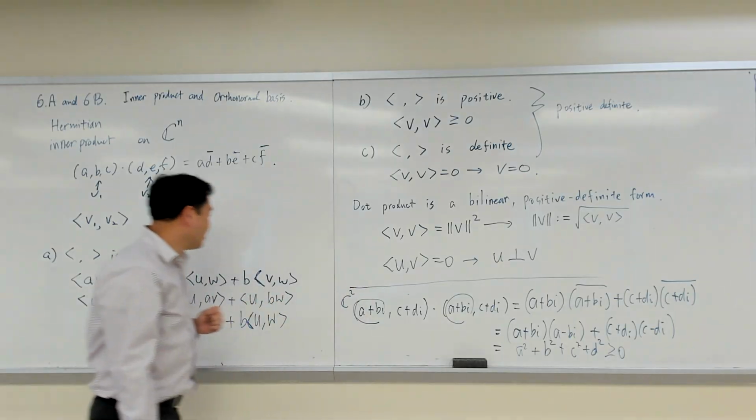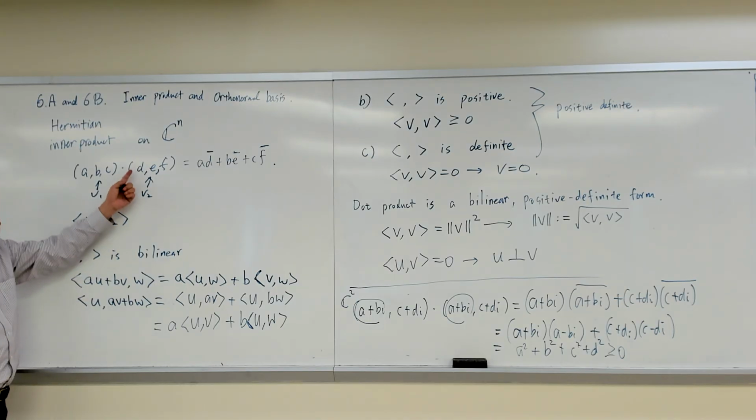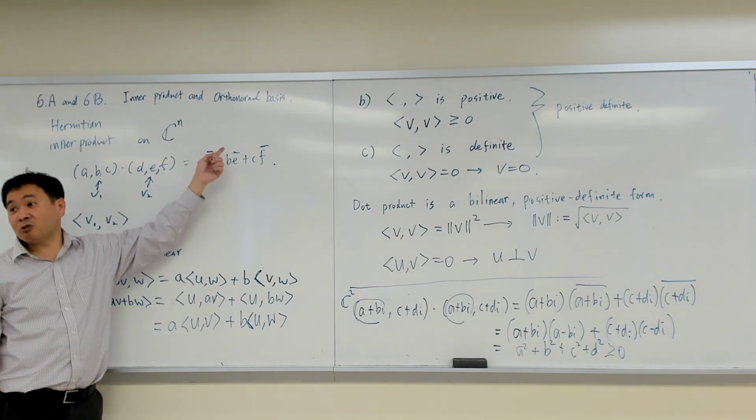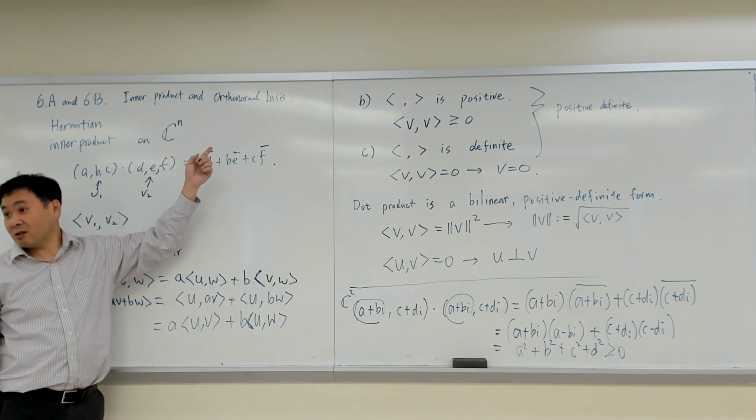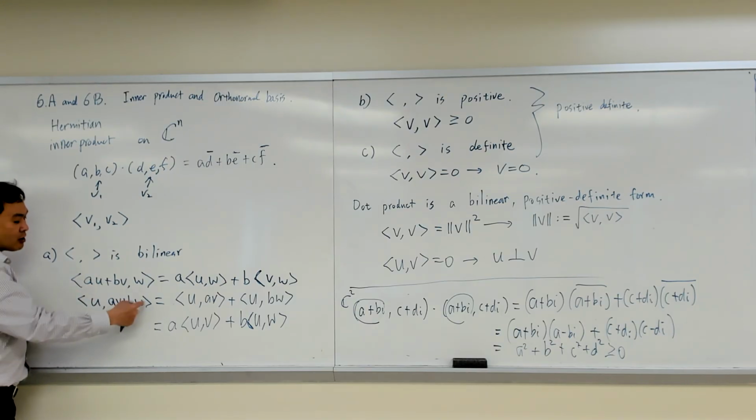However, that causes a bit of a problem when you talk about bilinearity, because if you have any coefficient multiplied to the second vector, it becomes conjugated. So what happens is that it's linear in the first argument, but in the second argument, it's no longer linear.